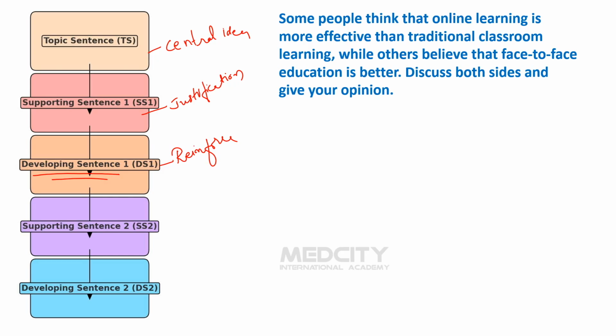You can reinforce it either by providing further explanation and elaboration to the idea mentioned in the supporting sentence, or else you can provide an example. So in two ways you can reinforce the justification that you have given in the supporting sentence, either through an explanation or through an example.